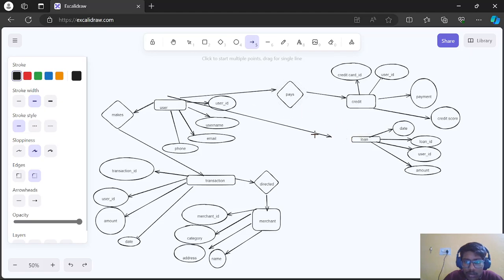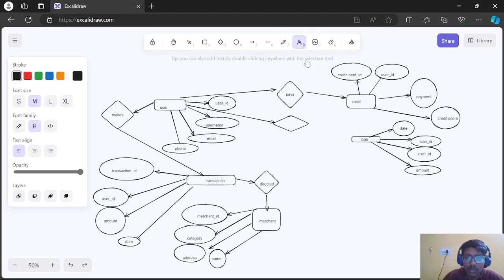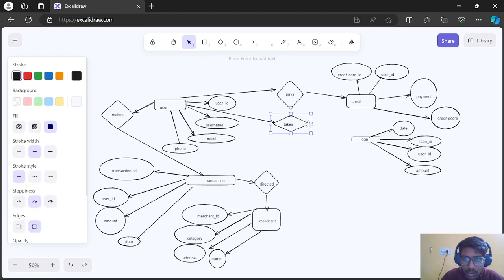So, okay, where would our relationship go? Yeah, let me move it here a little bit. Okay, so, and user takes a loan. So, yeah, let's minimize it.